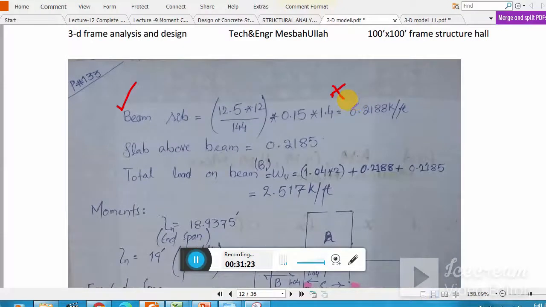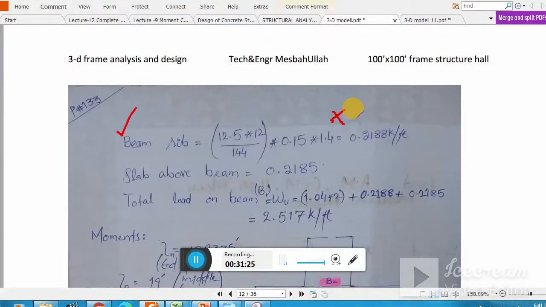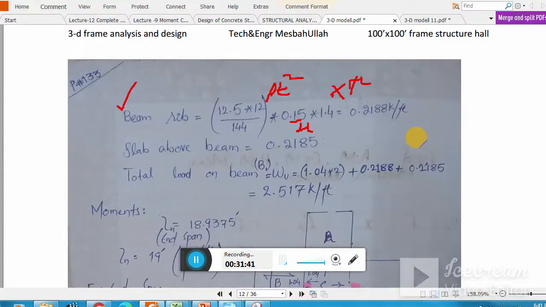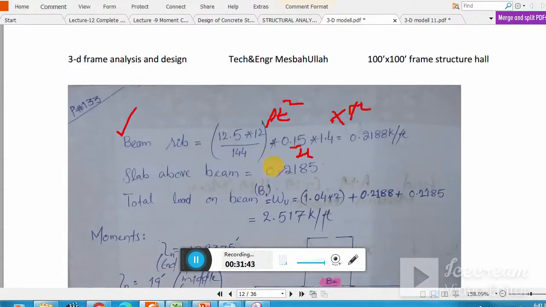So that's why you multiply this with 1 feet. Here you have square feet, and here you have foot cube, so things will cut down, and you get kip per feet.